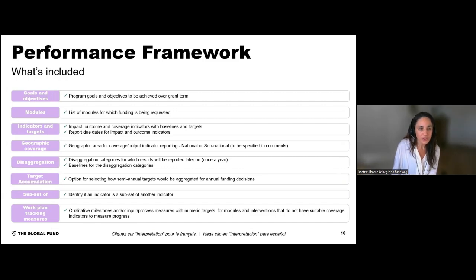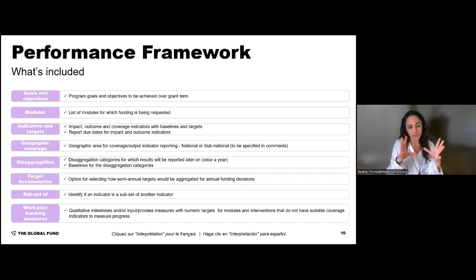So what's included in the performance framework? Again, it will include the program goals and the objectives in order for this grant to achieve the national goals over the grant term. There will be a list of modules for which funding is being requested. So again, the performance framework is going to be very much linked to the funding that's being requested in the detailed budget.